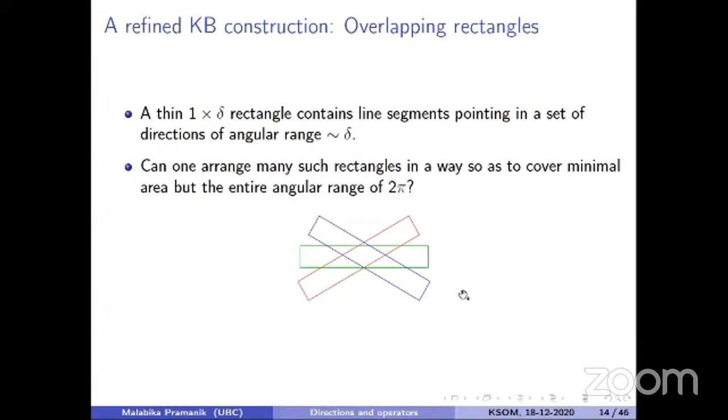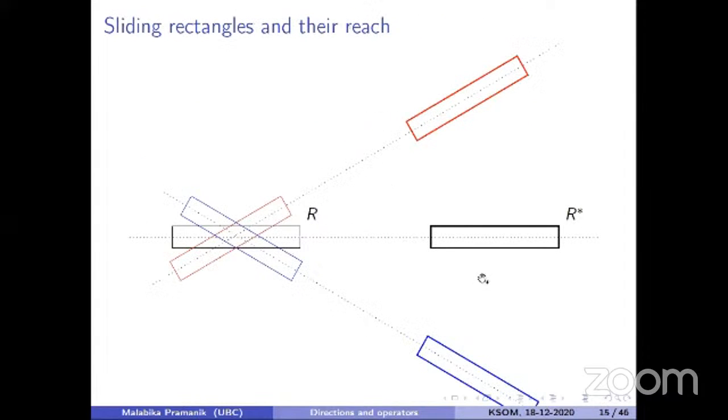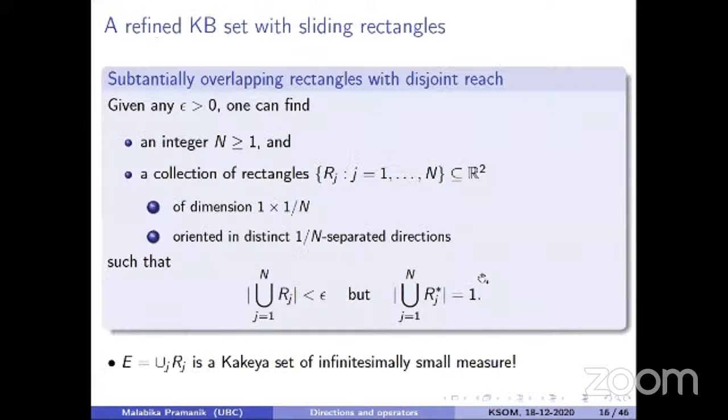Besicovitch's original construction has been modified in many ways. Let us focus on the statement that is most pertinent to us. It says the following. Let us fix a positive epsilon, arbitrarily small.